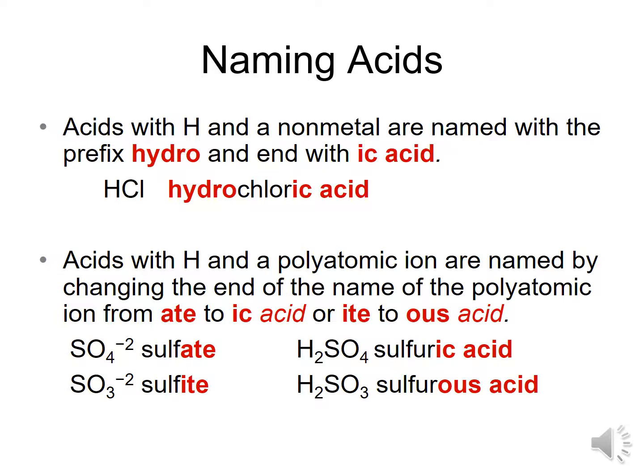For example, if the polyatomic ion ends in ate, the acid's name will end in ic, followed by the word acid. For example, sulfate, SO4 2-, makes H2SO4, sulfuric acid. If the ending is ite, you make the ous acid: sulfite, sulfurous acid. "I ate an acid, it was icky" is one way of remembering that the ate goes with ic and the ite goes with ous.